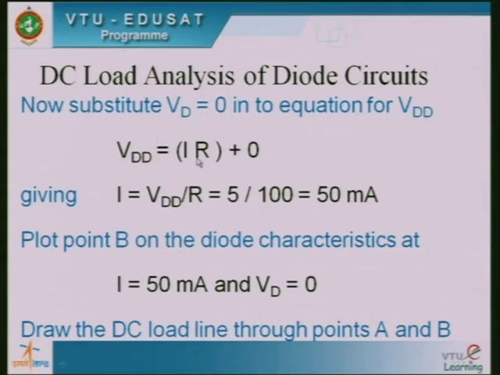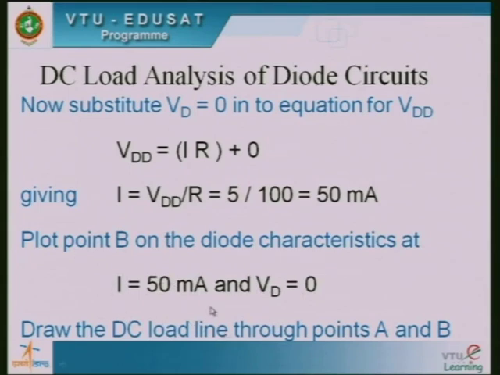Therefore VDD equals I into R plus 0, and from this we derive I equals VDD divided by R. VDD is 5 and R is 100, so this corresponds to 50 milliampere. So you plot point B on the diode characteristics at I equal to 50 milliampere and VD equal to 0.